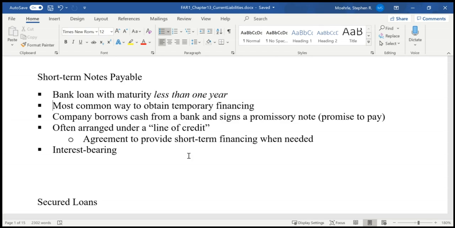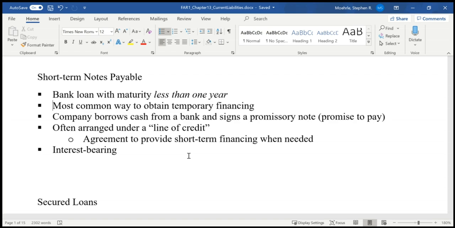These are often arranged under a, quote, line of credit. This is an agreement to provide short-term financing when needed. You might also hear these called revolving lines of credit. In essence, your credit card is a line of credit.